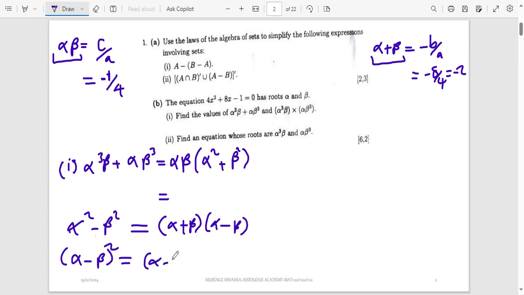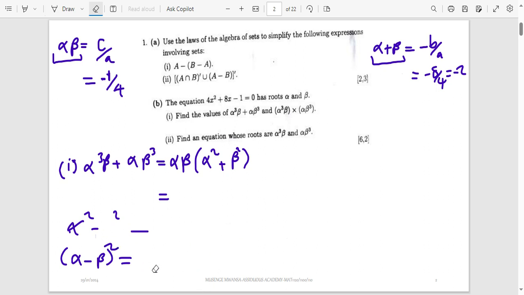That is alpha minus beta times alpha minus beta. If you don't differentiate these two, trust me, a lot of people have problems with this and end up writing something else.